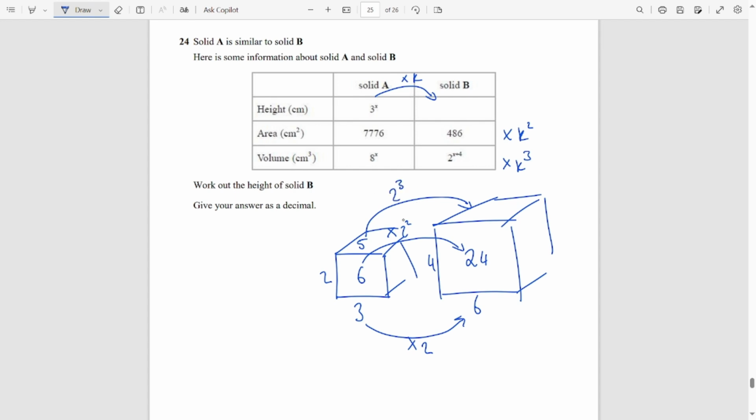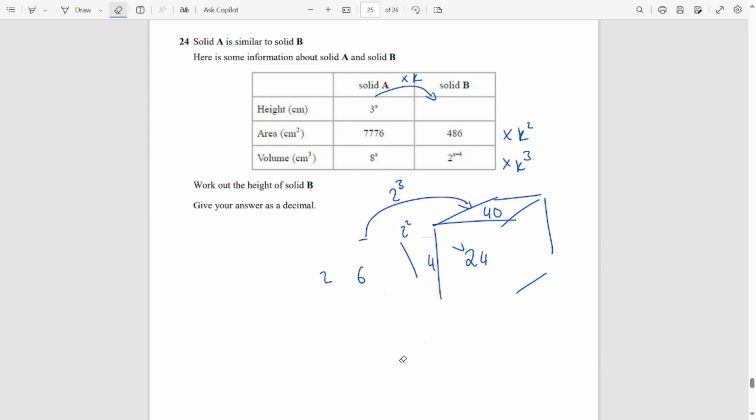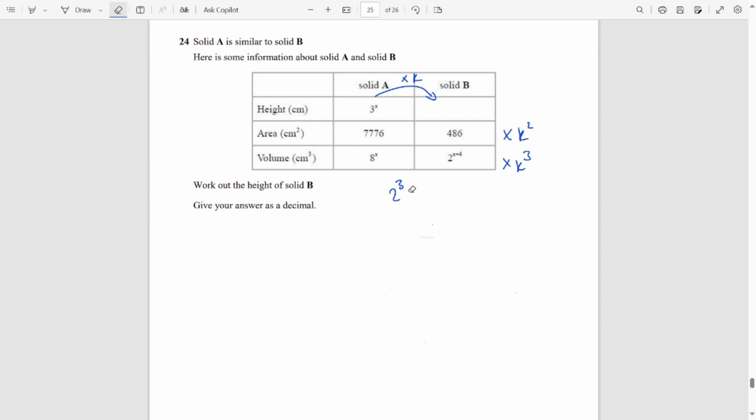So 5, in this case, times 8 would get us to a volume of 40. So that is why I'm doing this k squared and k cubed. Because when you are converting between lengths, you have the conversion factor of k. Converting between the areas, you multiply by k squared, and then converting between volumes, you multiply by k cubed.